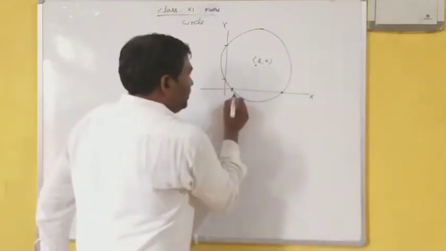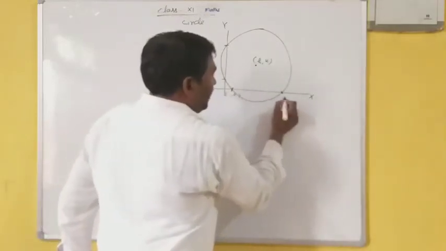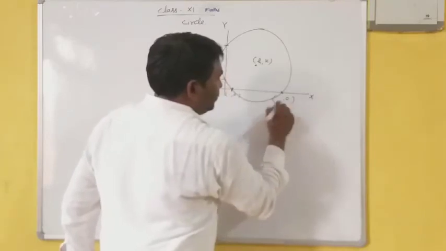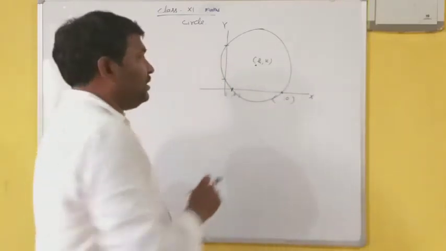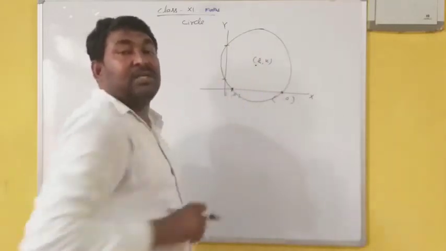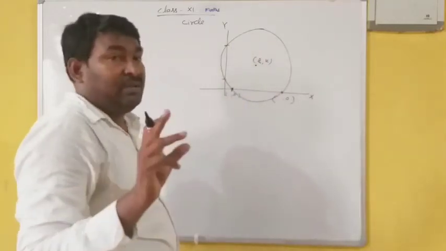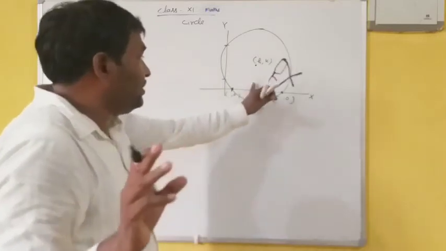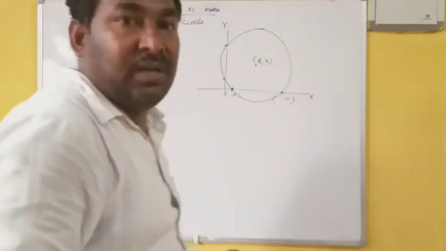So at this point the y coordinate will be 0, and at this point also the y coordinate will be 0. Both of these points lie on the circle, so they must satisfy the equation of the circle.